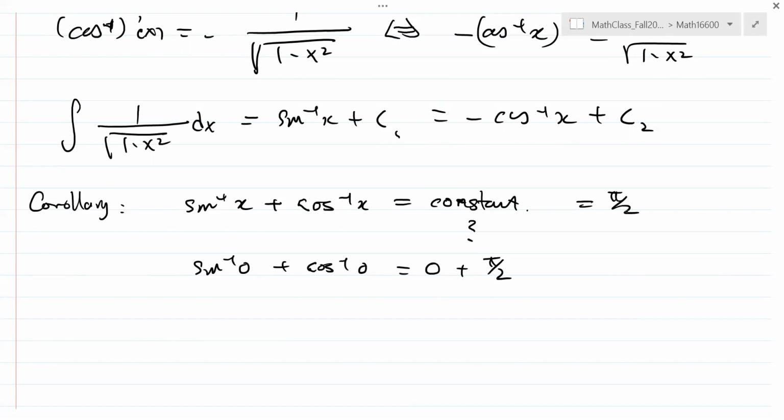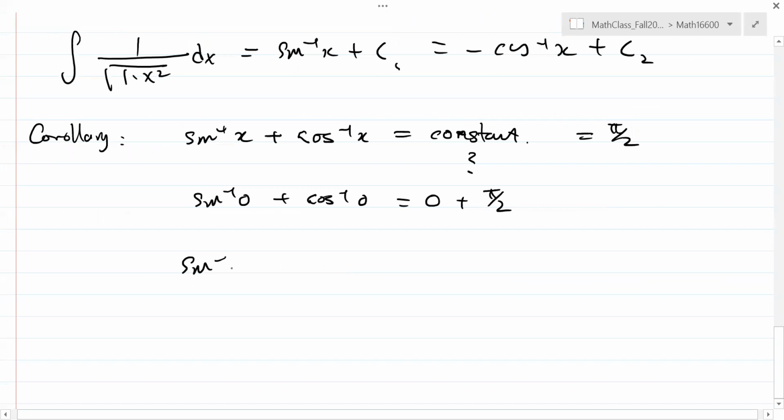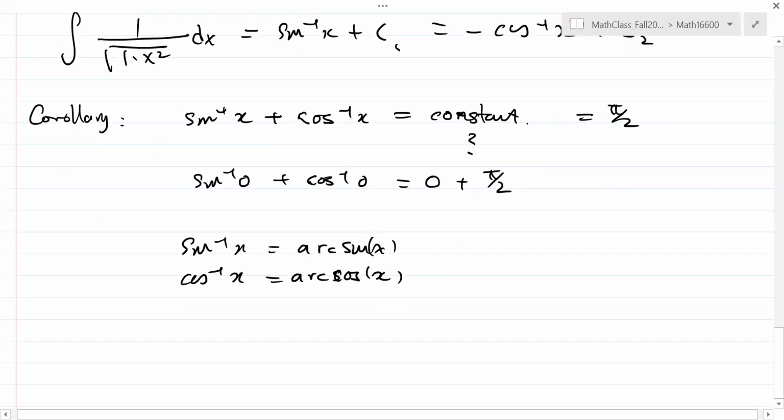Sometimes we don't say inverse of cosine, just arc sine, arc cosine. That's different notation in mathematics, to make it easier to pronounce.